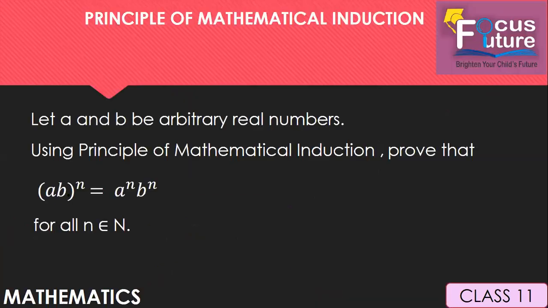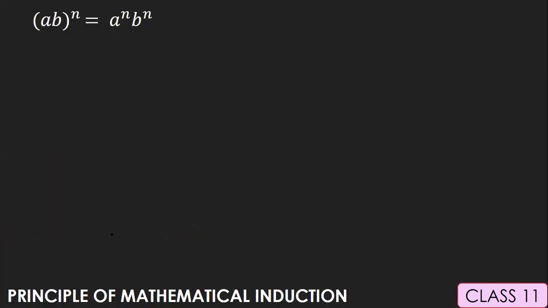So your next question is, let a and b be arbitrary real numbers. Using the principle of mathematical induction, prove that (ab) raised to power n is equal to a raised to power n, b raised to power n for all values of n belongs to N, right? So first step you remember is you need to let the statement as Pn, the problem statement, right? So let us check LHS and RHS for n is equal to 1.